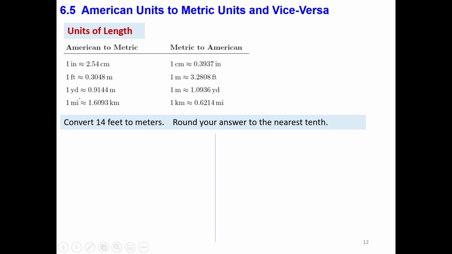Another thing is, you see here is not the equal sign, here is the approximate sign. These are approximations. When we convert, if we use either this conversion factor or this one, sometimes a few of the decimals don't match because these are approximations.